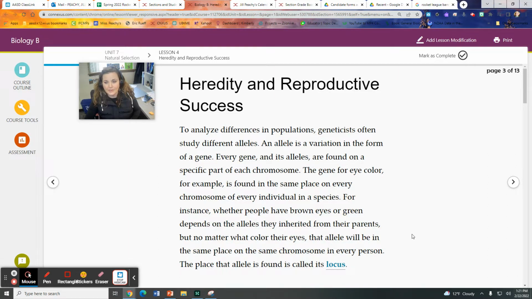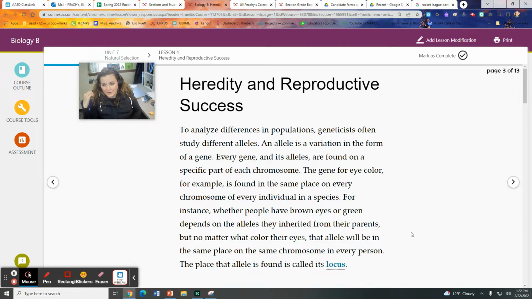So remember that we have DNA, and you've got different chromosomes within the nucleus of your cells. And on each chromosome is a different chunk of your DNA.